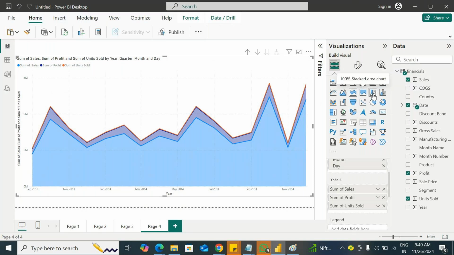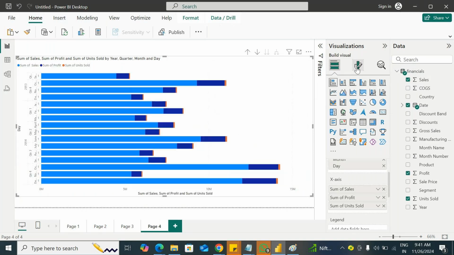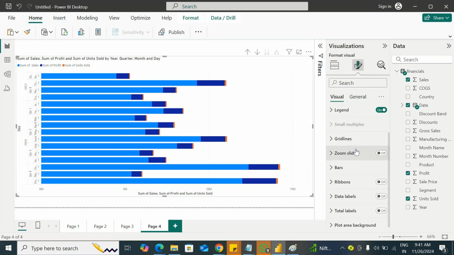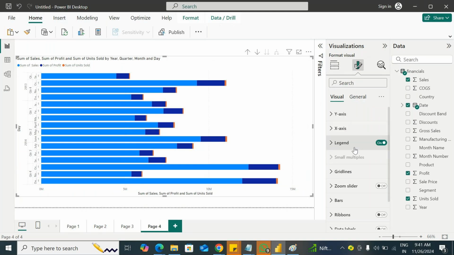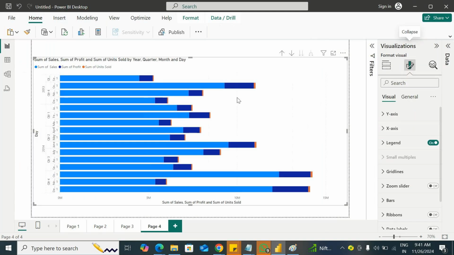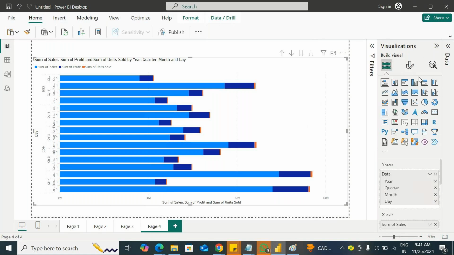Then combo charts, like line with bar charts. Then ribbon chart. We are going to see these 6 or 7 visuals tomorrow morning. Then for all these charts, we are going to cover the properties, because the properties are common for all these charts. Till here, just practice, and I will cover the remaining visuals and the properties tomorrow morning.